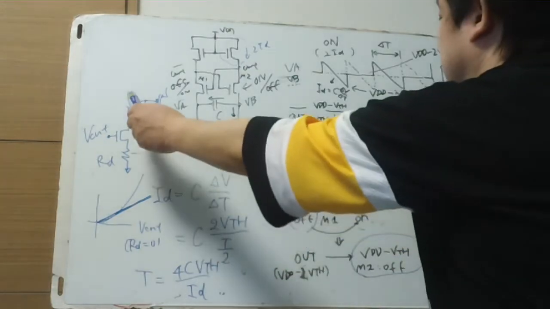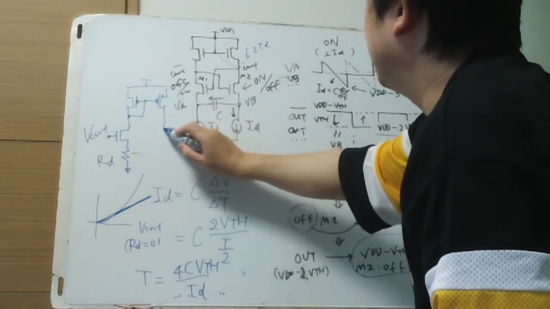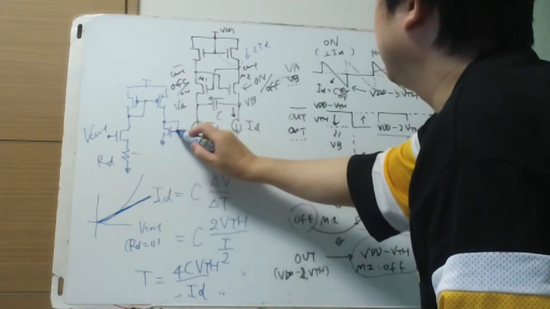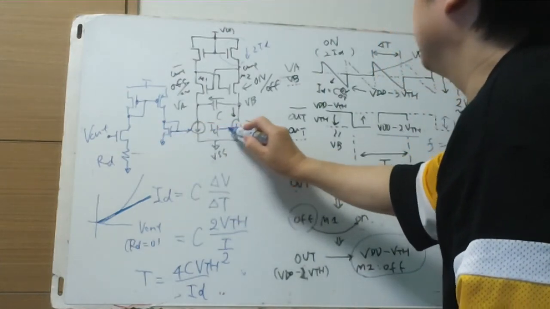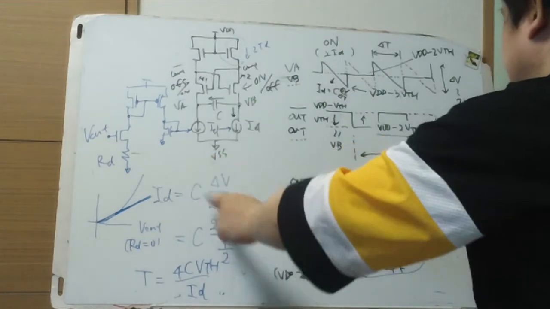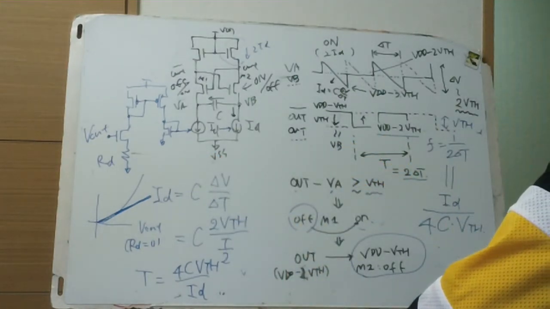And this is mirrored to supply the bias of this N channel. The simplest voltage-controlled current sources are made by this topology.